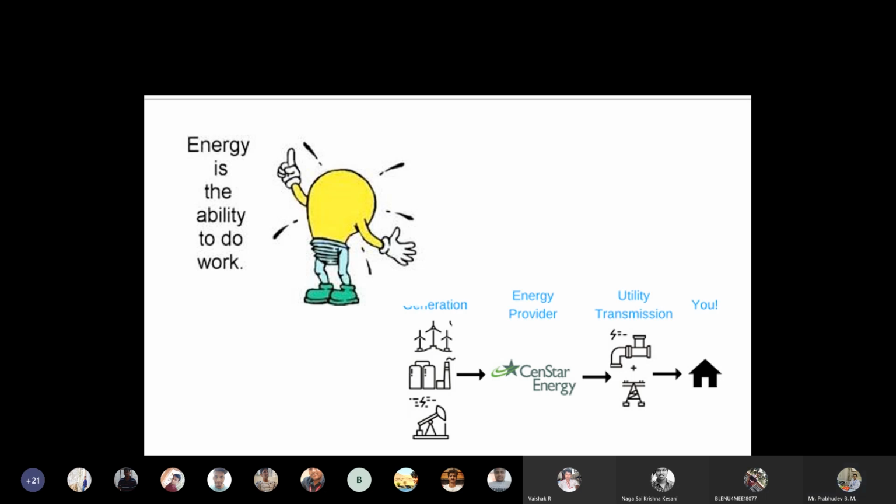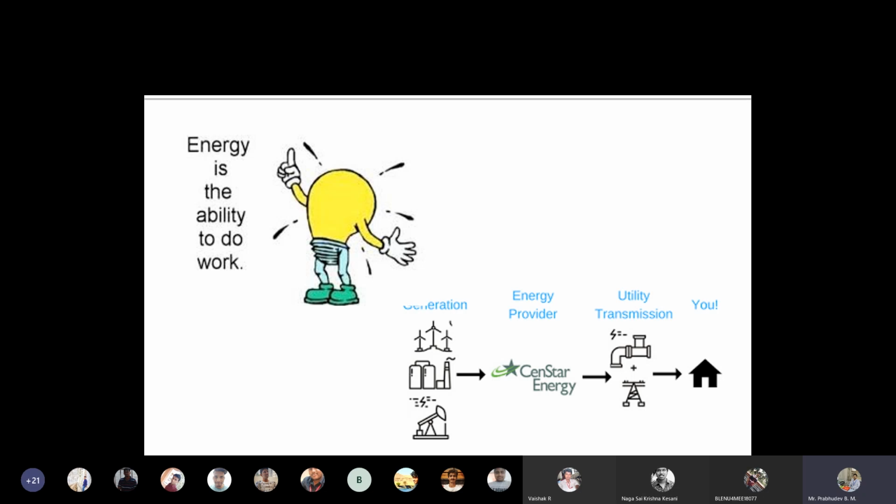These are different forms of energy, and the place where you use the energy is generally your home, or factories, or any place. But the power generation station is somewhere else. You don't get a water source near your home to generate power, so it will be somewhere else.